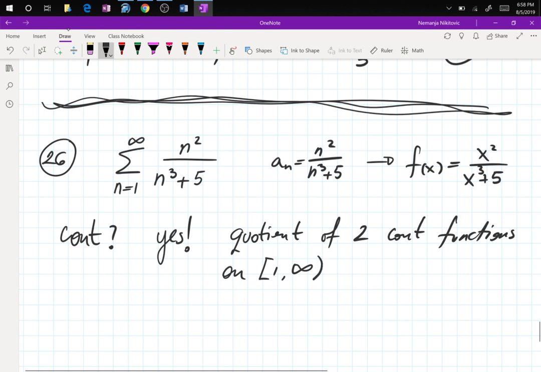What would make it discontinuous? A very special point, which is the cube root of -5. That would make it discontinuous. But the cube root of -5 is a negative number. It's not in the domain here, so we don't have to worry about it. We're all good. Continuity, pass, move to positive.